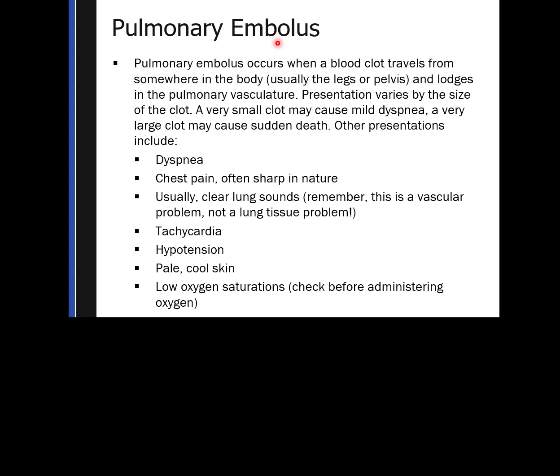So basically what we're looking at here is a clot. Most commonly it comes either from the legs or from the heart and gets into the vasculature that feeds the lungs. And what happens then is that artery gets blocked off, okay?